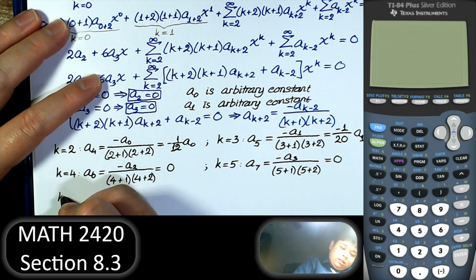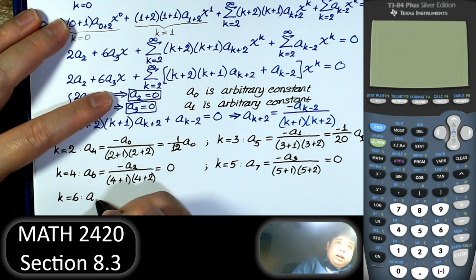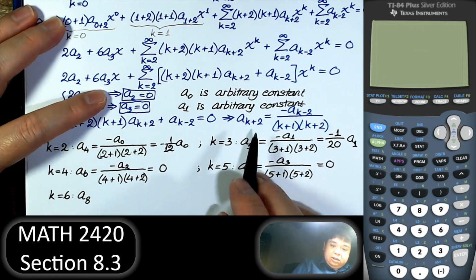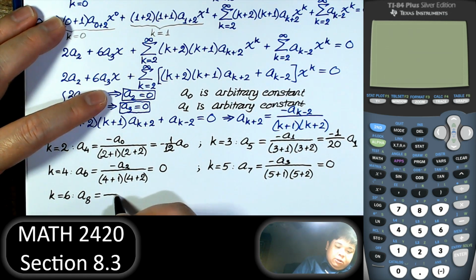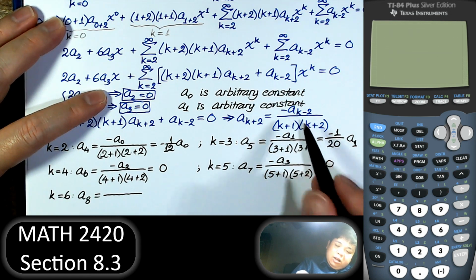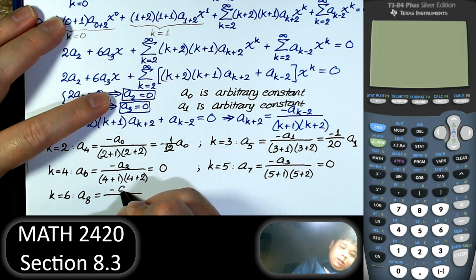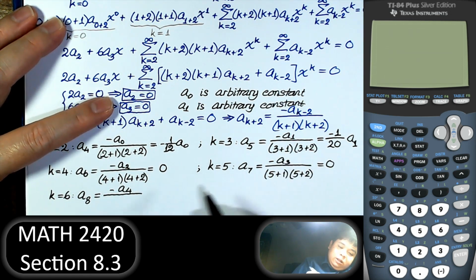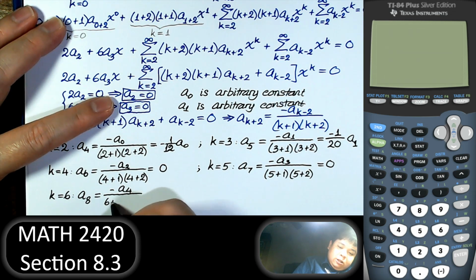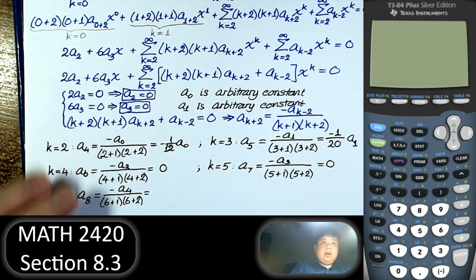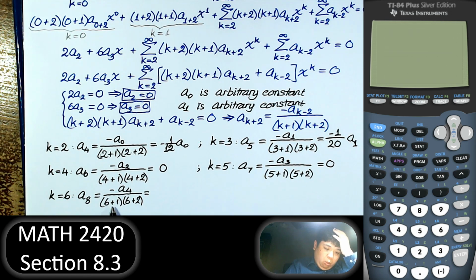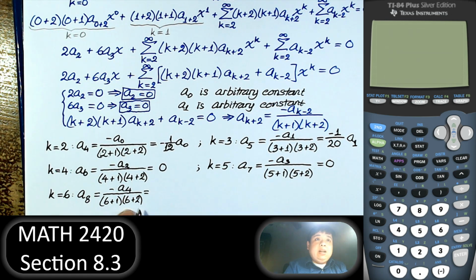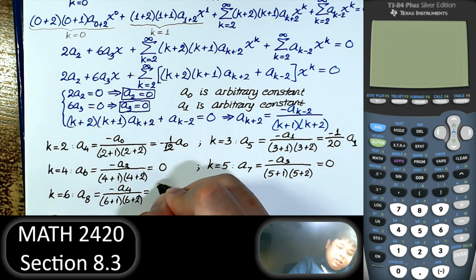Right, k equal to 6. A8 equal to 6 minus 2, negative A4. 6 plus 1, 6 plus 2. Right. 6 plus 1 is 7 and 8. 1 over 56.